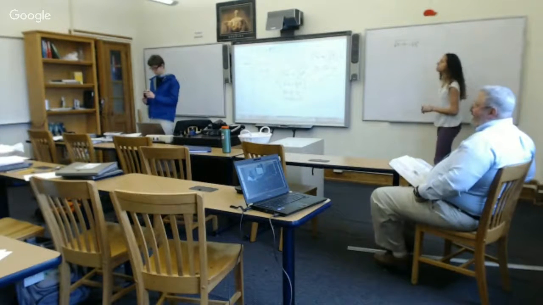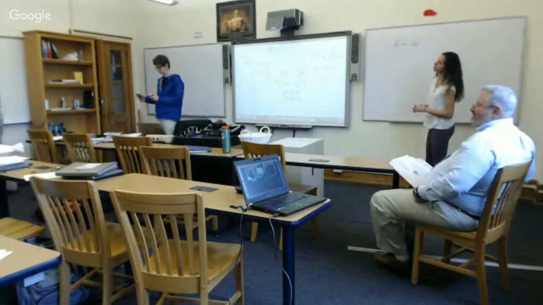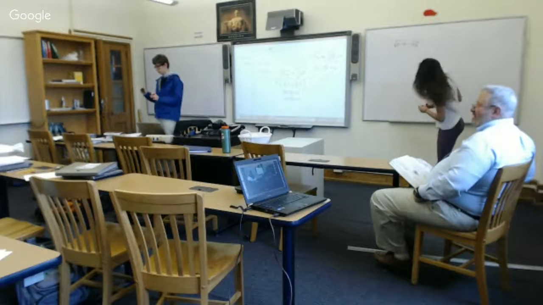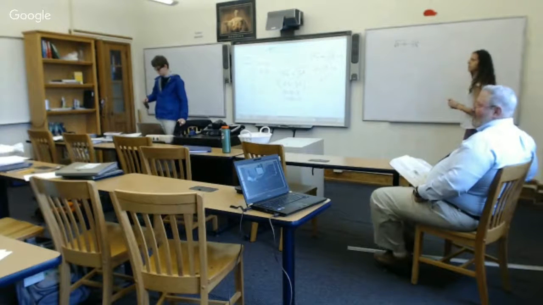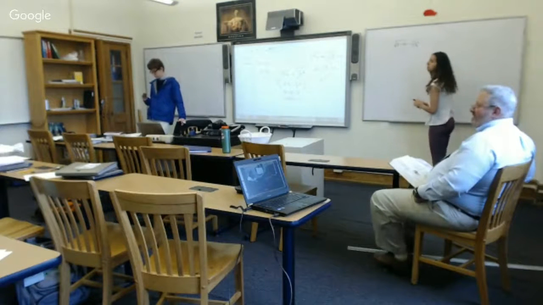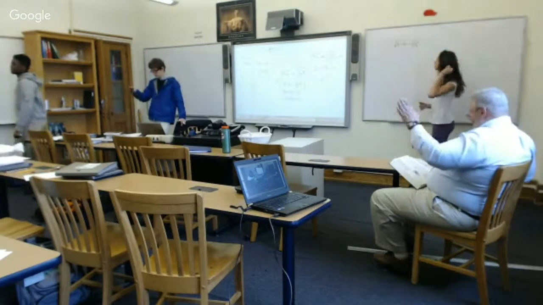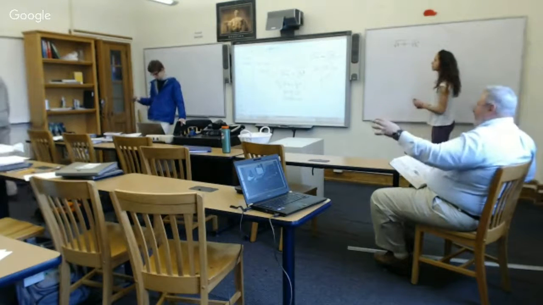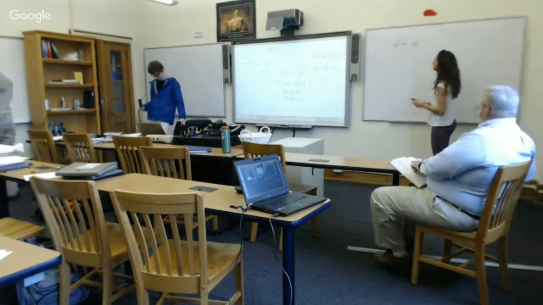The way you're writing that, Lizzie, to me says 1 over 3x. It looks like 1 over 3x. That makes sense to you, but if your answer is incorrect, you're gonna get that circle if you make that mistake.